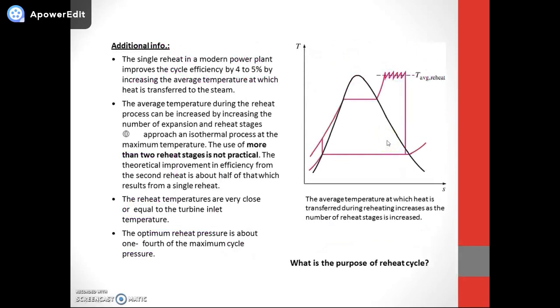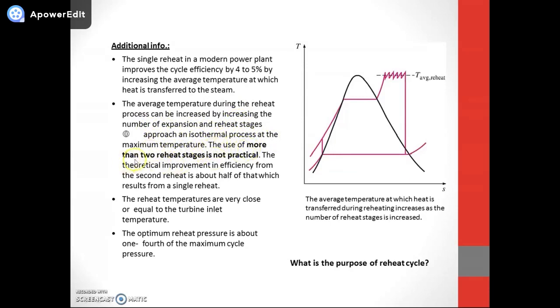Okay, so this is the additional info. The single reheat in a modern power plant improves the cycle efficiency by 4 to 5% by increasing the average temperature at which heat is transferred to the steam. The average temperature during the reheat process can be increased by increasing the number of expansion and reheat stages, approaching an isothermal process at the maximum temperature.